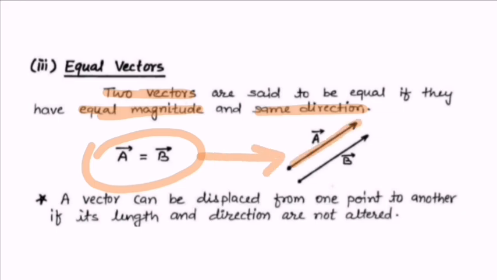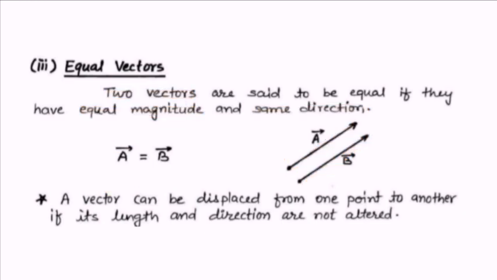Vector A and vector B have equal magnitude. Also vector A and B are in the same direction. A vector can be displaced from one point to another if its length and direction are not altered.